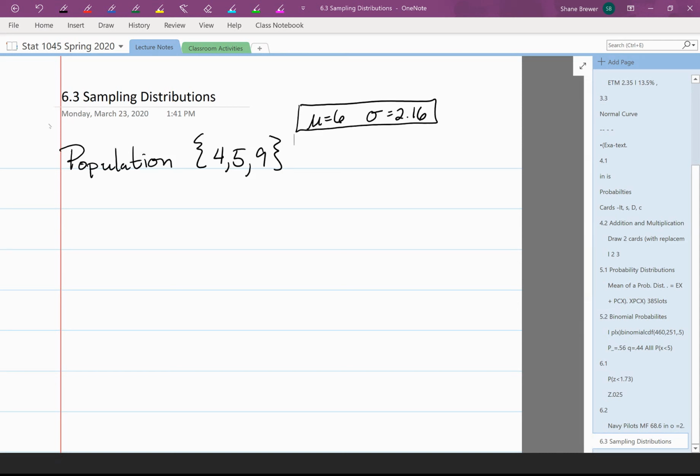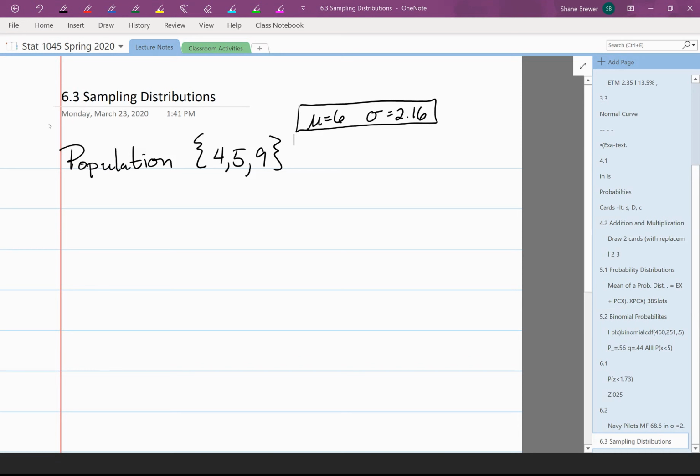And so we need to know a little bit more about how the statistics we get from our sample behave, because we're basing all of our decisions and all of our answers to questions on the sample statistics. So we need to study those a little bit more.